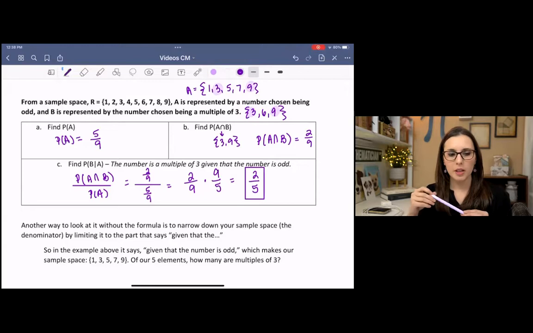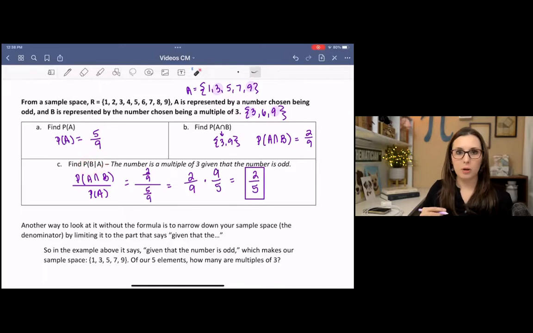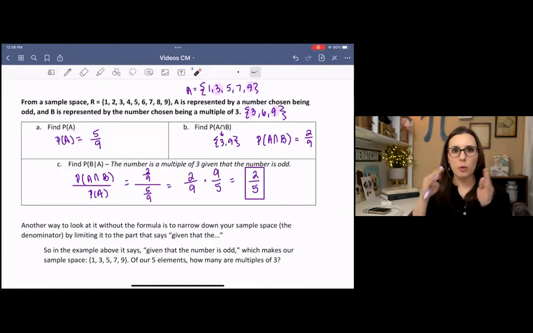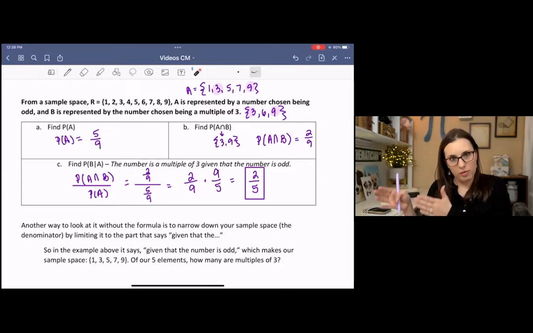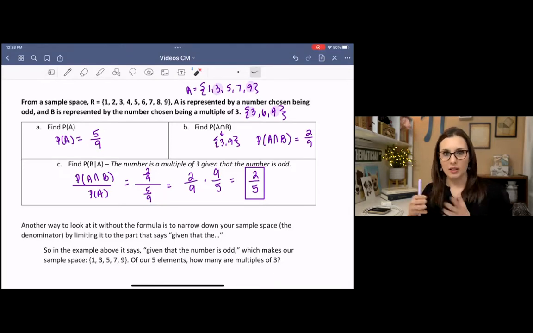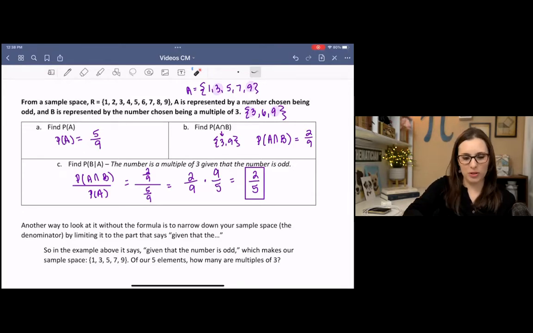If we look at the second letter in this probability of B given A as the sample space, if we make it now our universal set, it's not really, but if we just think of it in the scope of this problem, then that second letter listed, the given, is going to be our universal set, our new sample space.